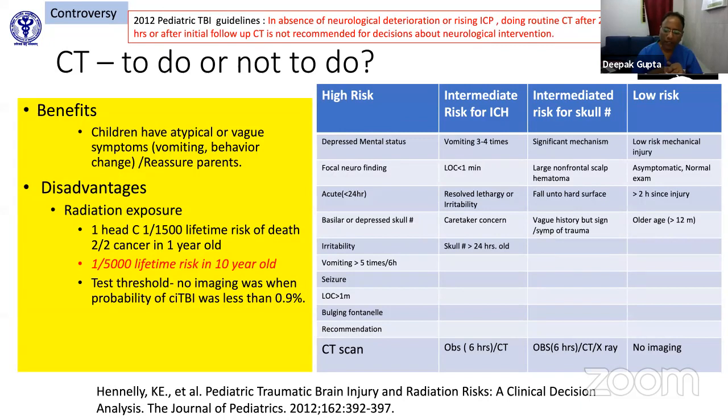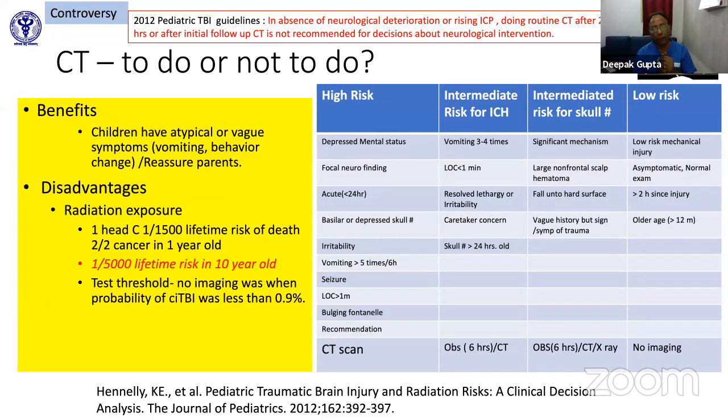In fact, in the PECARN study, it was shown that in children less than 2 years of age, the chance of picking up an abnormal lesion on a CT scan in a very low risk group was less than 0.2%. Now, the problem is we are always very careful not to do a CT scan because of the inherent risk of development of malignancy in the long term in the available literature. However, CT remains the gold standard, I would say, and it is very reassuring to the parents.